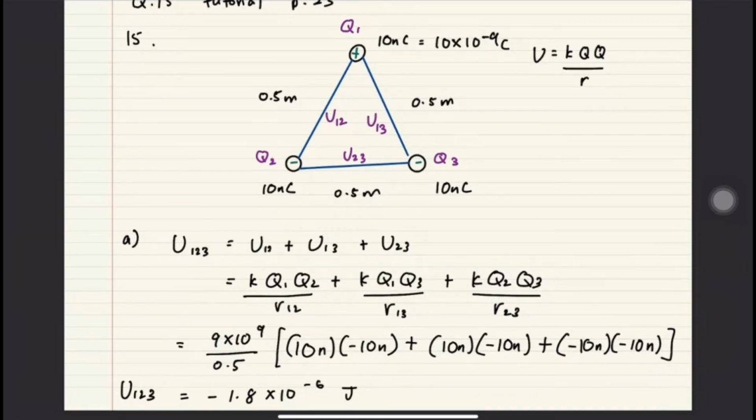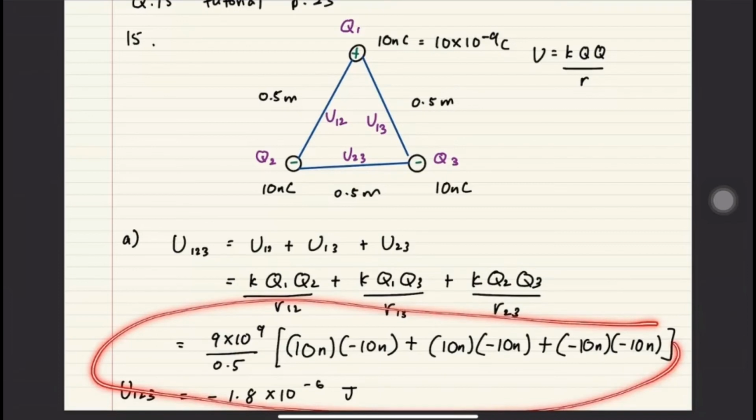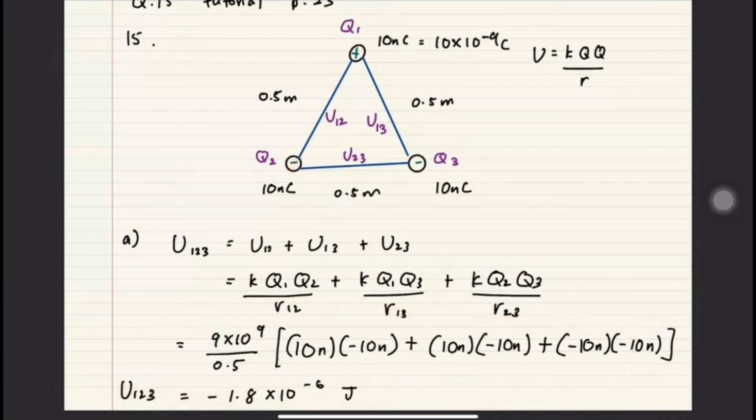Cuba kira balik. Do the whole thing. Buat balik. Okay, yang ni dia macam senang. Sebab dia punya 0.5 tu sama. And then nilai charge dia pun sama. So you can imagine lah dalam exam kalau you kasi different charges, different sign convention, different distance. So it might look slightly complicated, nampak macam complicated tapi sebenarnya sama je.